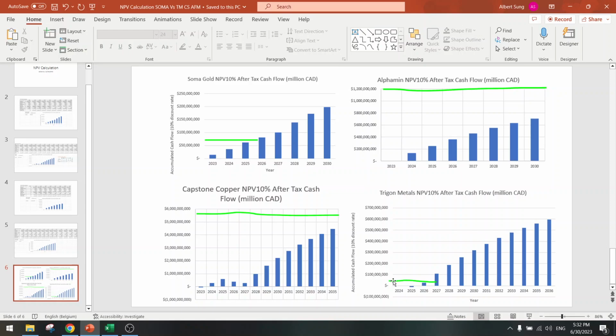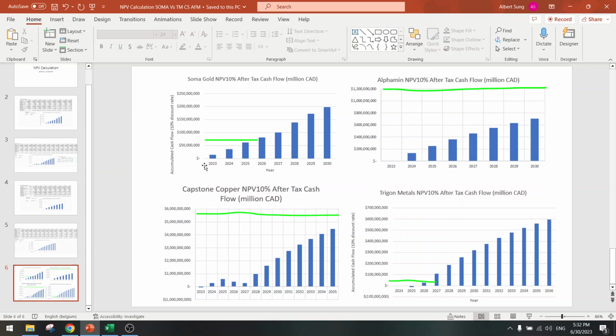However, they have the risk here. The risk that they can't do what they say. It's not in production yet, so that's the speculative risk here. Soma Gold is already in production, and soon we will get the production numbers to see if they can achieve what they say.